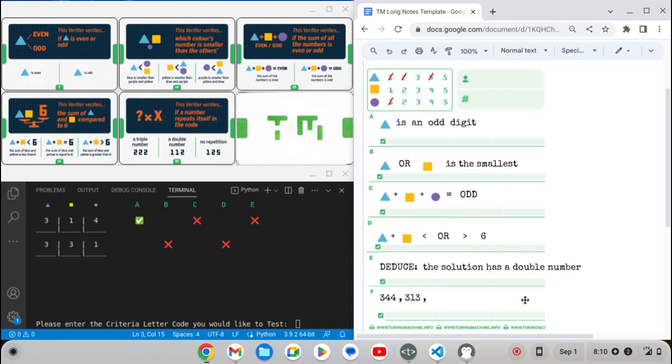And we can't have 332 because you need all odds, and we know we don't have a triple number. So it could be 355. And how about 535? That also seems to work.